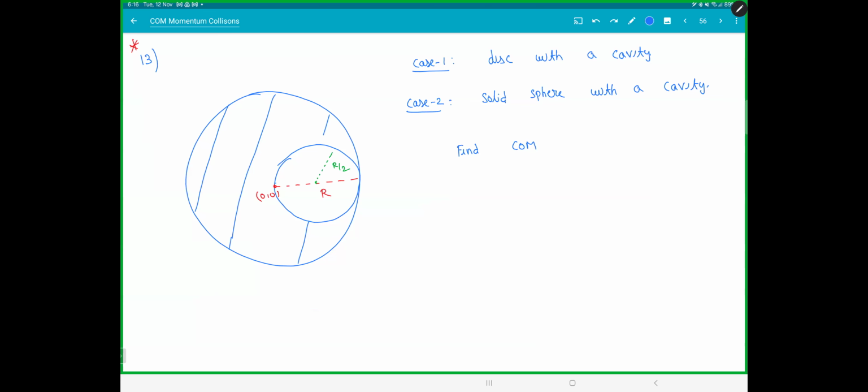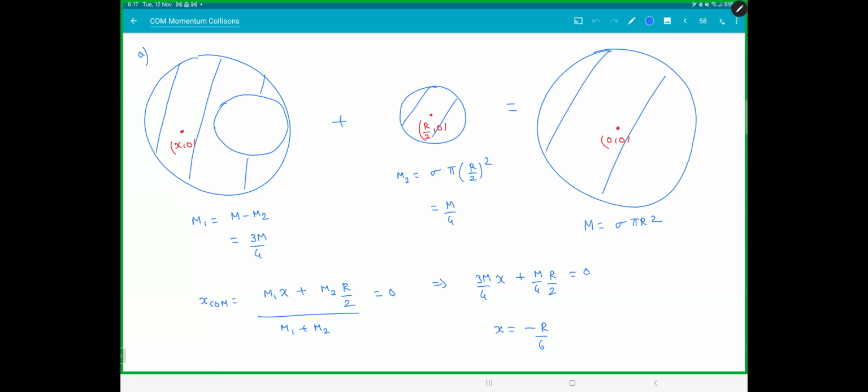Try. Idea is the same. So what will change? Everything else will remain the same.